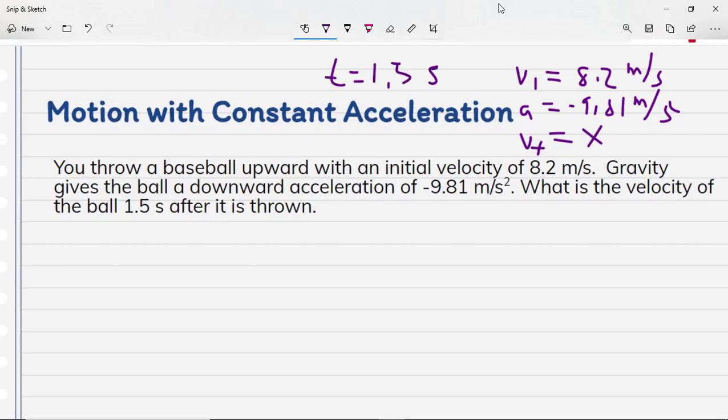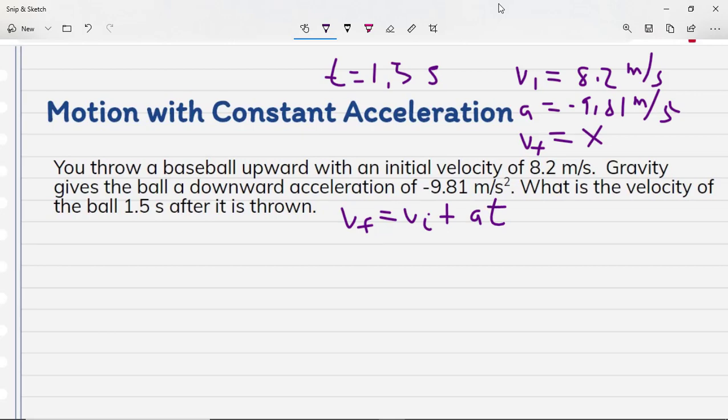So what I would do is look at my equations of motion and then figure out where all of these variables fit in the equation and what I'm looking to solve for. And if I find all of those, I'm going to use the equation we just last looked at. And then I just plug my variables in and solve.